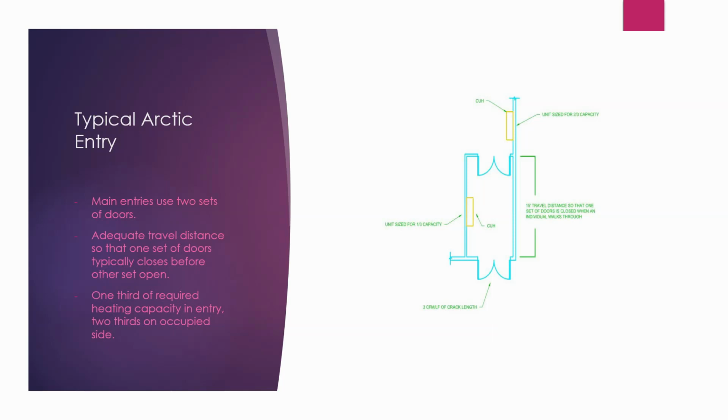Now, the best heaters for typical entryways are cabinet unit heaters that are configured to pull air off the floor, heat it up, and blow it out the top of the cabinet unit heater. These cabinet unit heaters should be sized so that they have a high flow.